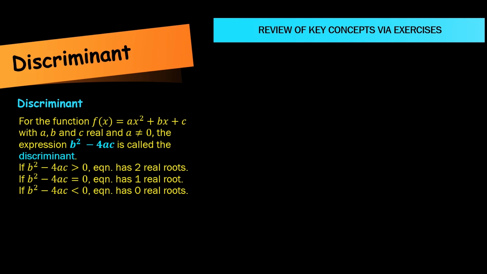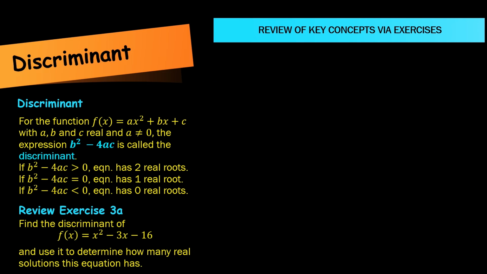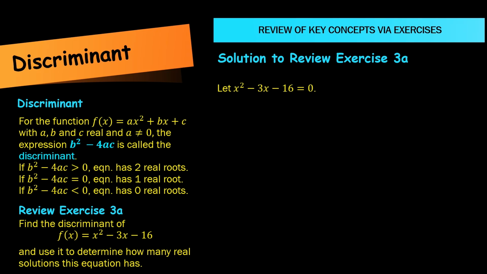Let's now have a go at review exercise 3a. Find the discriminant of f of x equals x squared minus 3x minus 16 and use it to determine how many real solutions this equation has. So we have that x squared minus 3x minus 16 equals 0.